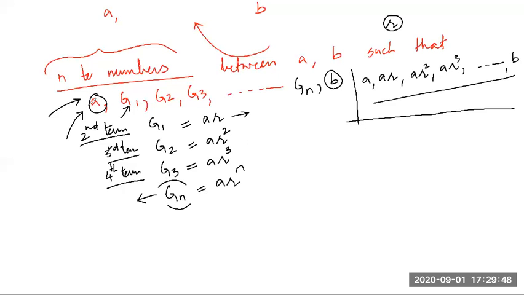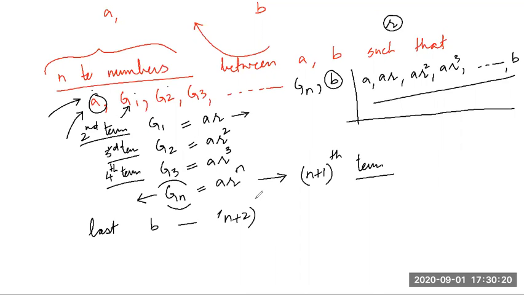A is the first term, G1 is the second term, G2 is the third term. So Gn will be which term? Gn will be the n plus 1th term, not the nth term. So if that is the case, the last term of the sequence is B. So it will be which term, students? It will be the n plus 2th term.